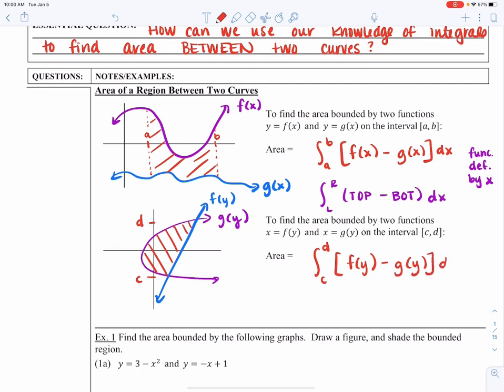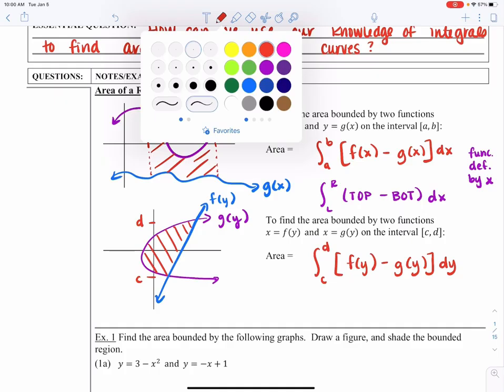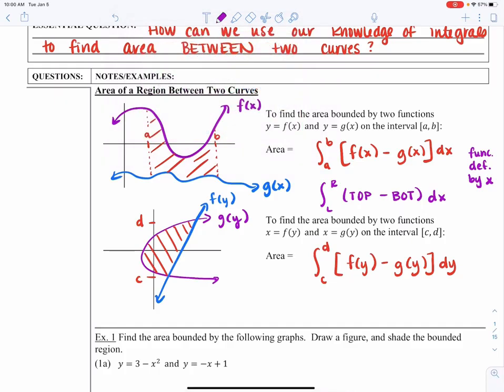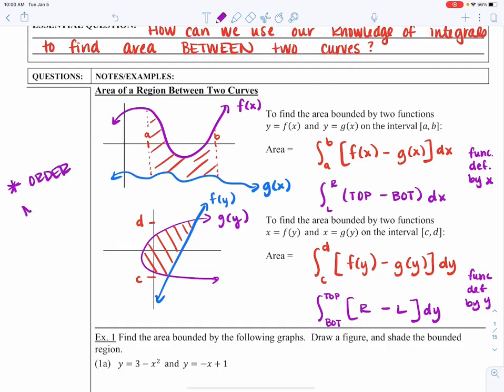Now the order that you're putting these in does matter, because now we're going from bottom to top y bounds of right minus left dy, and this works for functions defined by y. Essential to all of this, though, is that the order that you write things in does matter.